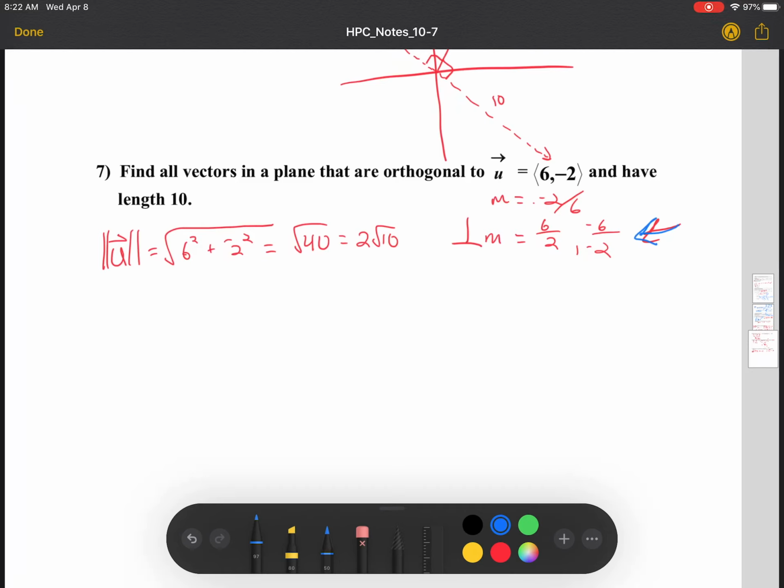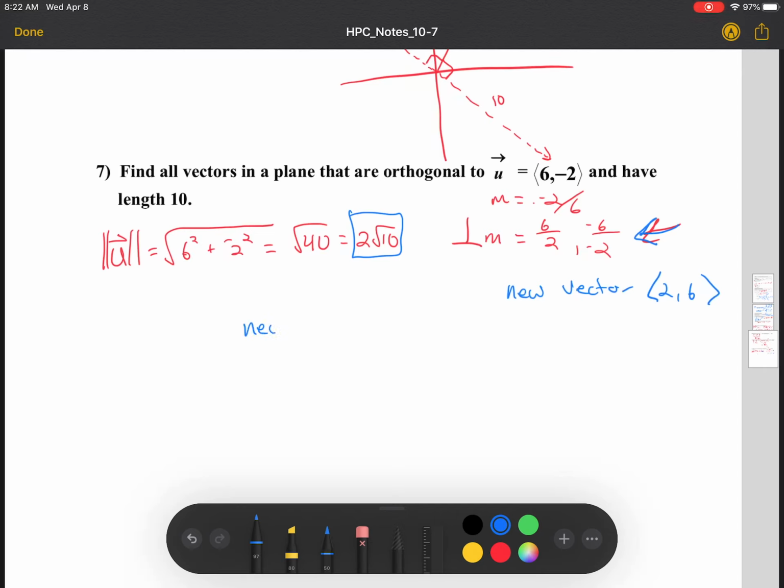We're going to just use our new vector as 2, 6, right? Because we did the opposite reciprocal. And now we have to scale it because they say it has to be a length 10, but we know the old length is this 2 square root of 10.